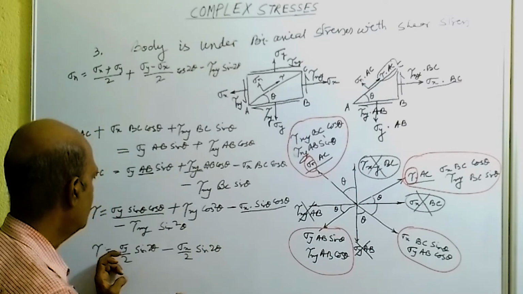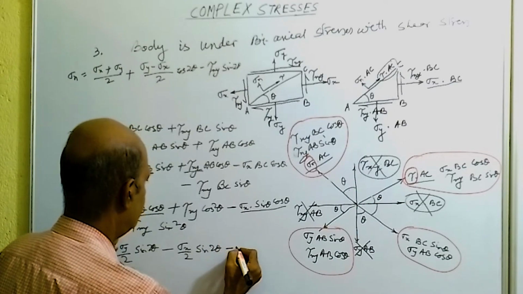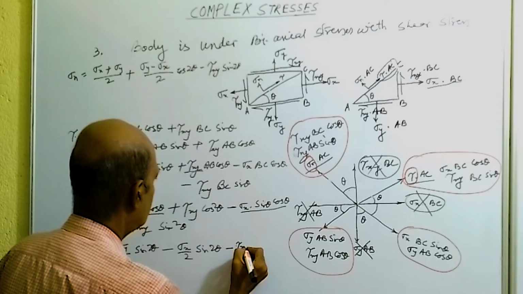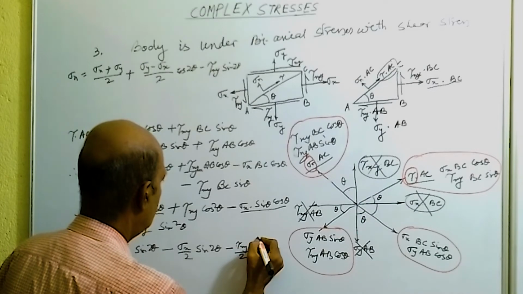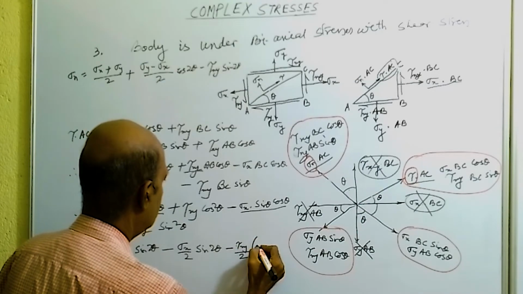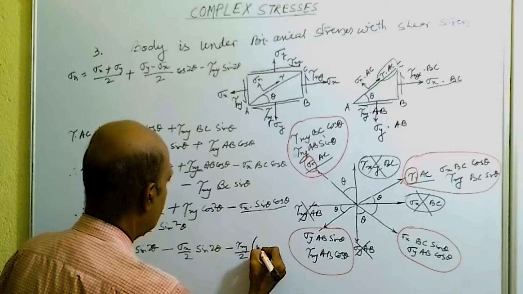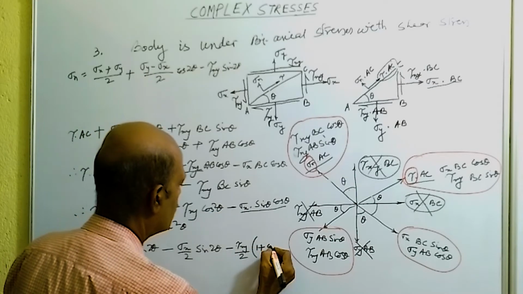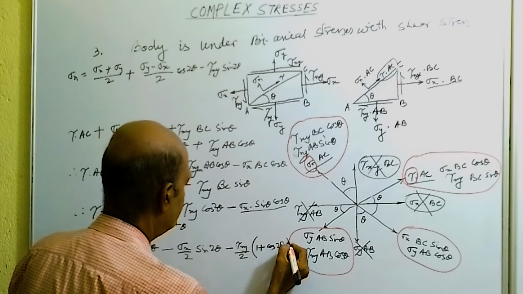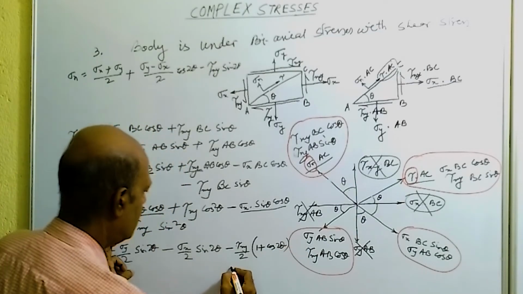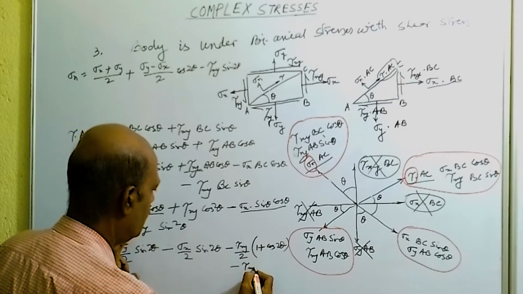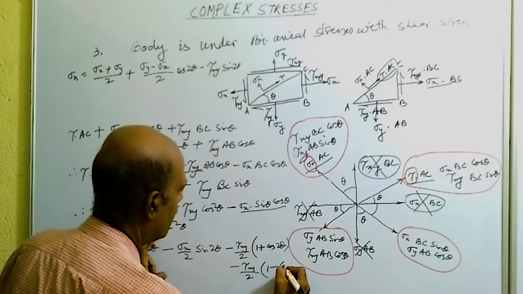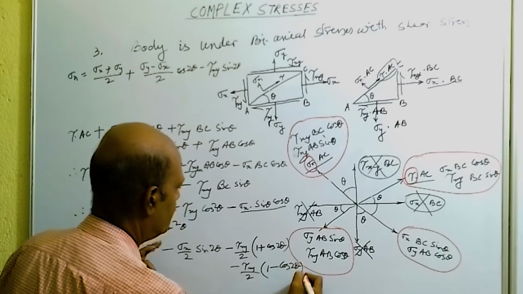Okay, minus tau xy by 2 into 2 cos square theta, that is 1 plus cos 2 theta, minus tau xy by 2 into 2 sin square theta, which is 1 minus cos 2 theta.